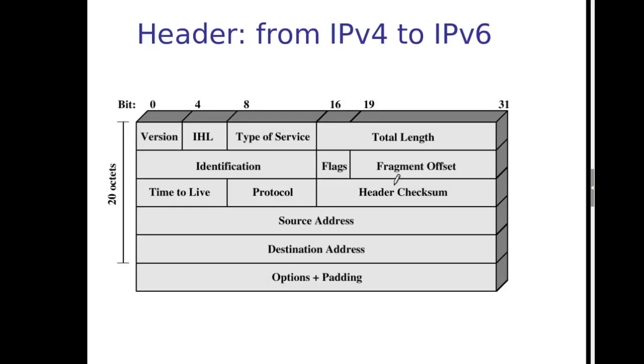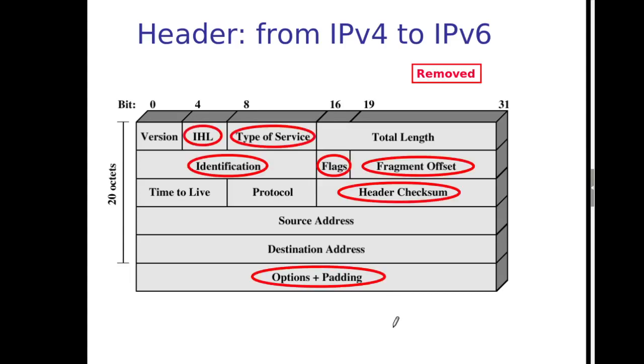So you know that in IP version 4 this was the packet format, right? Version, length, type of service, and like this. Now in IP version 6 some of these have been removed. That is the header length, type of service, identification. These fields have been removed.